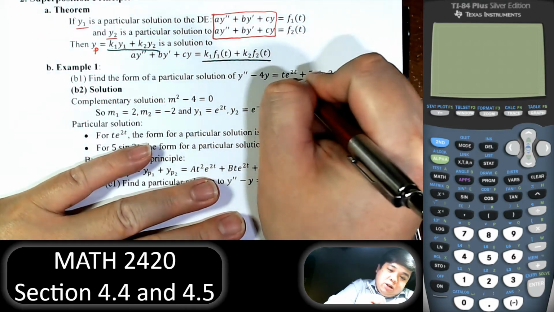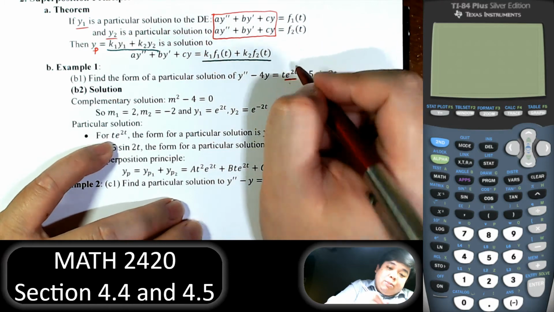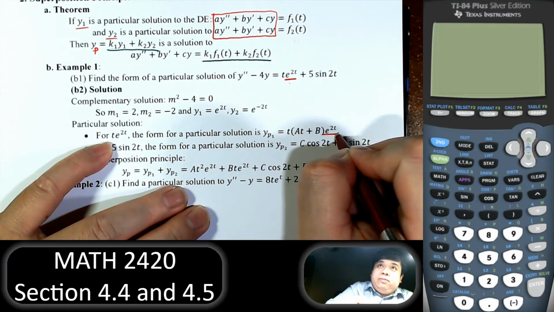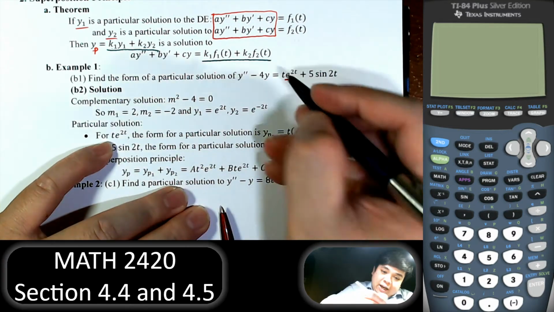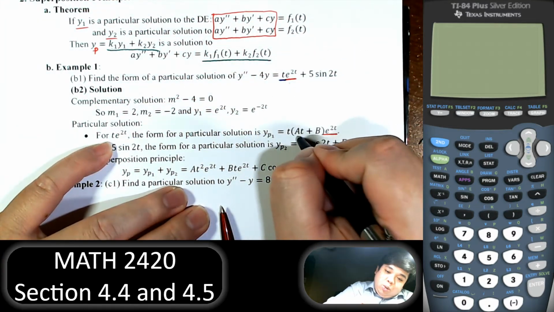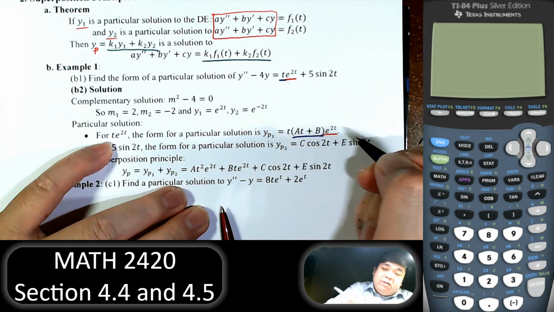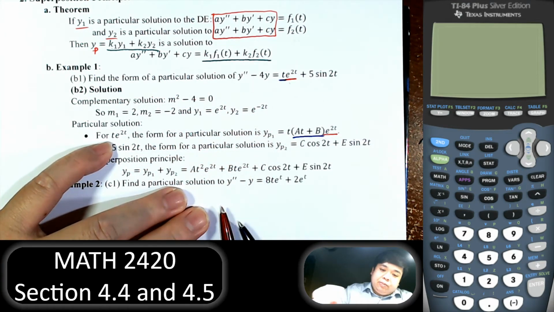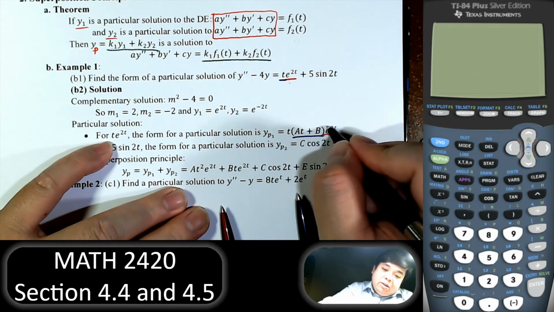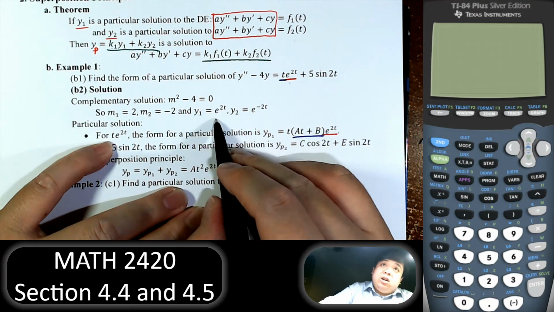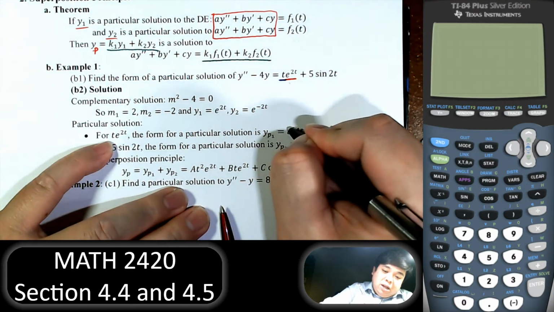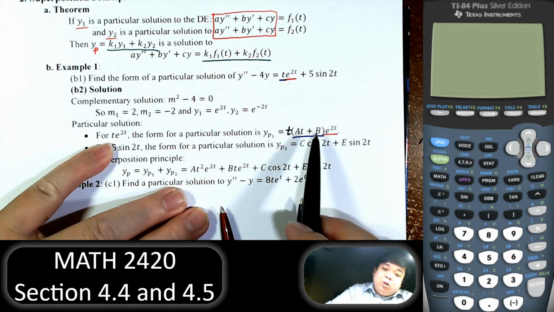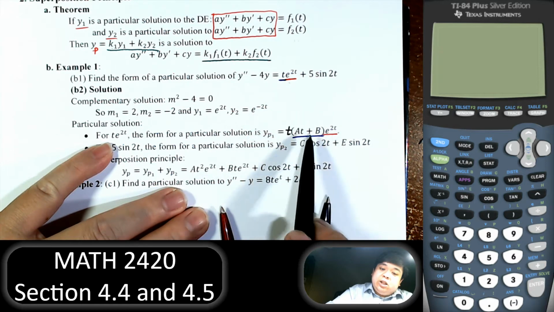So the first part of e to the 2t, if we have to guess for that part, it's going to be e to the 2t the same. There's the t, so we have a matching degree polynomial. But because of e to the 2t here are redundant with that, I will multiply by t here for linear independence. So if I have to guess the solution for that term, it's going to be this.